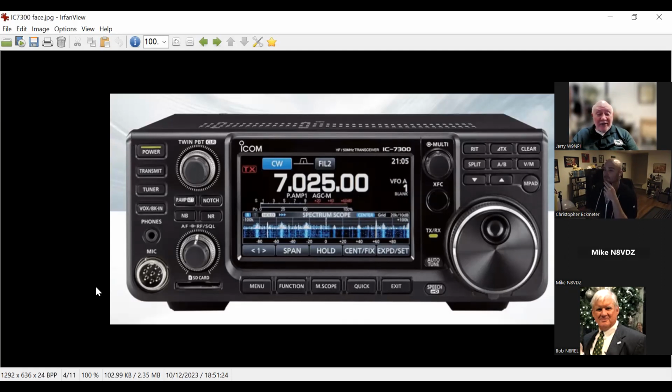It's not very heavy, about 4 pounds, something like that. And it's got an awful lot of stuff in this little package.